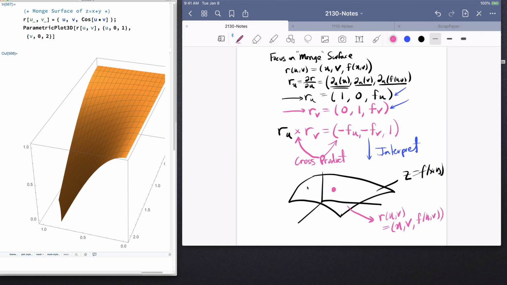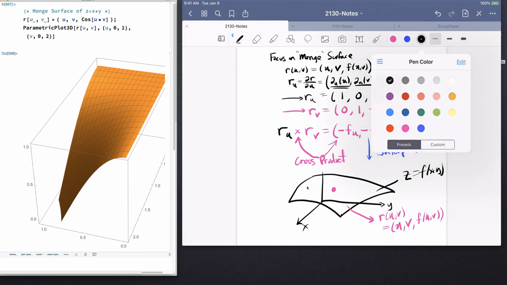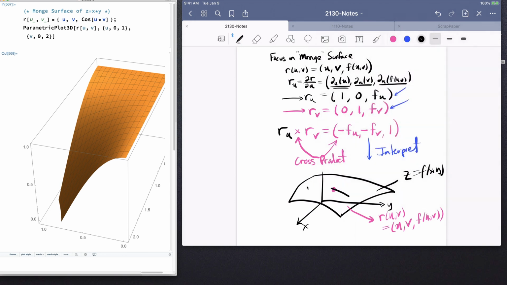At a certain point here, we know that r sub v is a vector that points in the y direction on this surface. So if y is equal to v and x is equal to u, here is the vector r sub v.